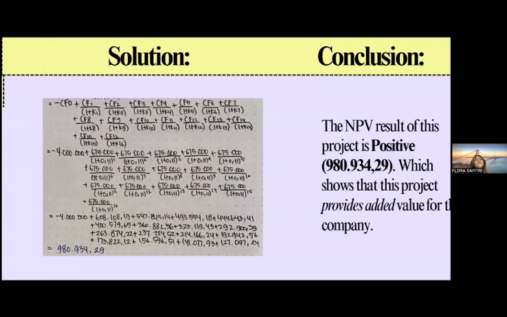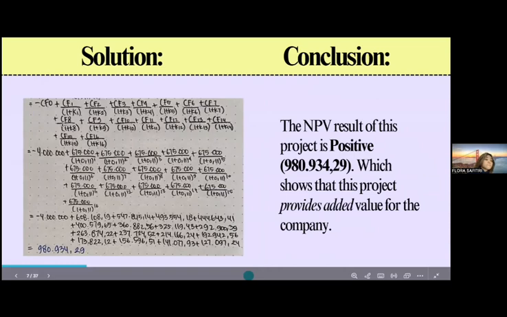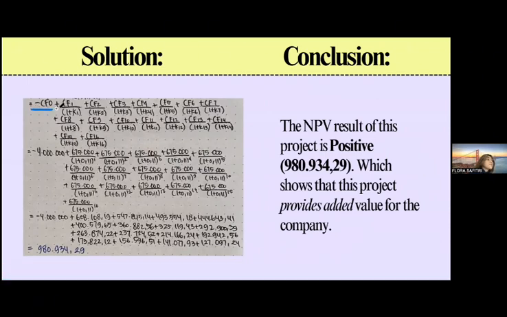Here is the solution. We have the formula: minus CF0 plus CF1, CF2, CF3, CF4 until CF16, divided by 1 plus K1, K2, K3, K4, K5 until K16.